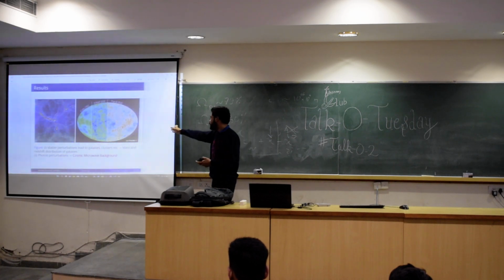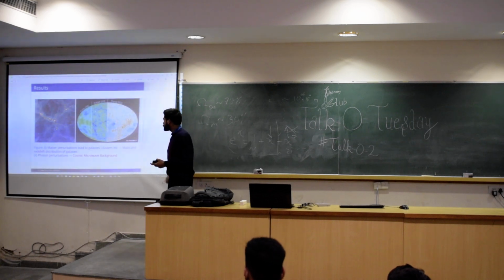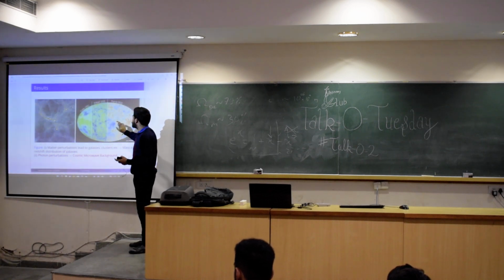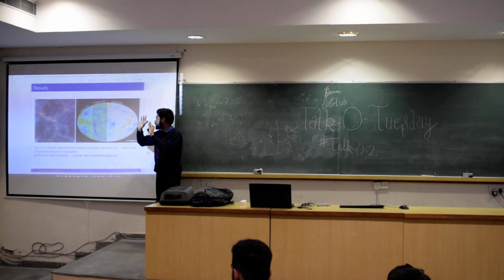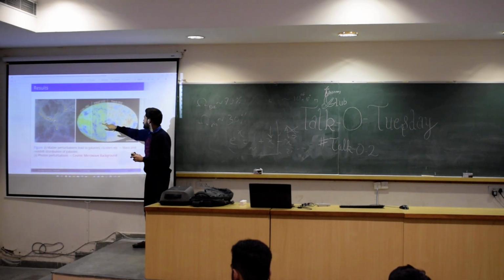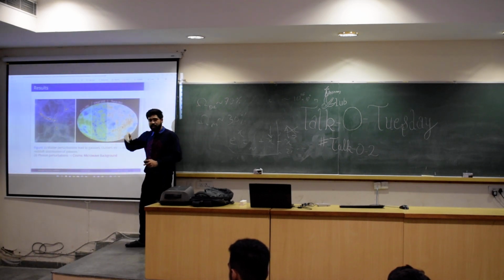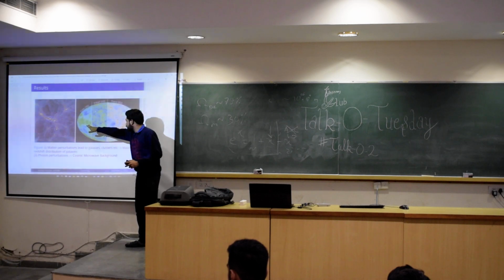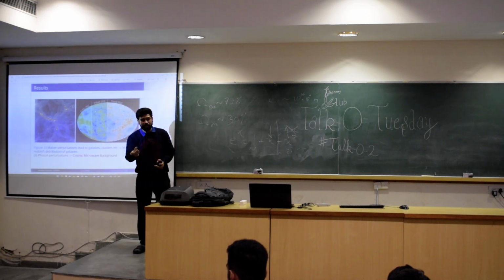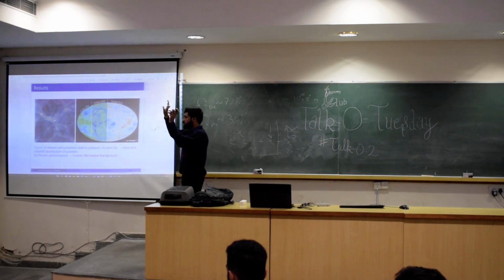And on the right hand, what you have are the photon perturbations, the radiation perturbations. This is a plot of the different temperatures that we observe at different angles. This is a stereographic plot. On the y-axis we have theta varying from -90 to +90 degrees, and on the x-axis we have your azimuthal angle varying from -180 to +180 degrees. So this is basically your entire 4 pi steradian.